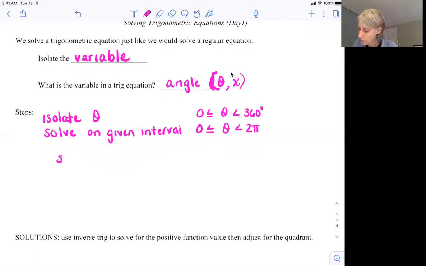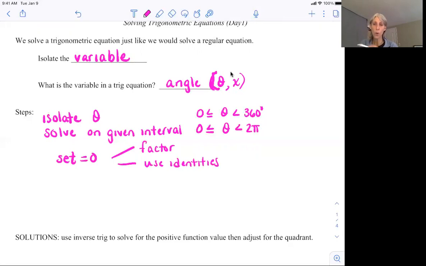And for the most part, we're going to set it equal to 0, and then we're going to factor if needed. We may have to use identities, and the identities, basically we studied before break. Those are all the different double angle, Pythagorean, and whatnot.